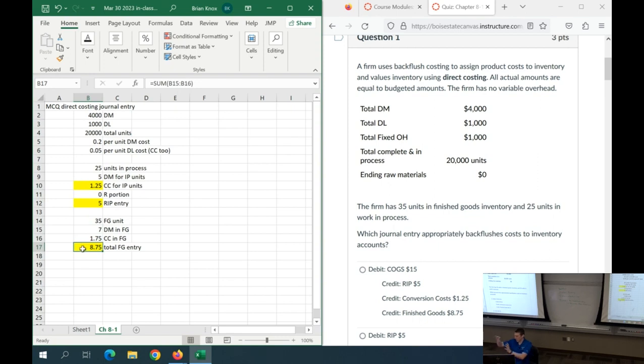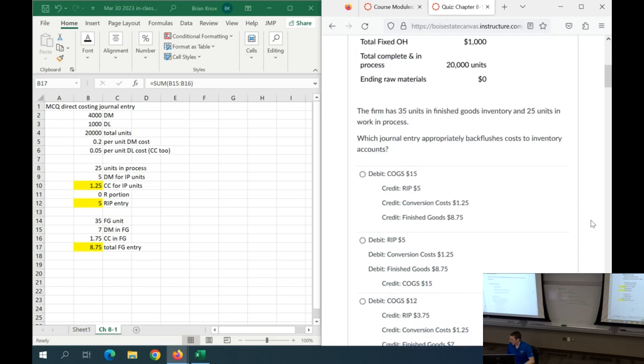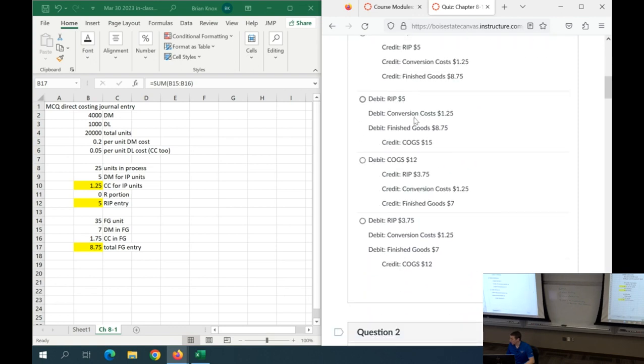So we're backflushing those three amounts to three inventory accounts. And that matches number 2.